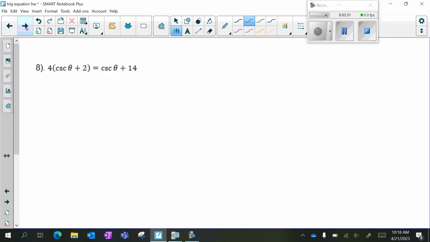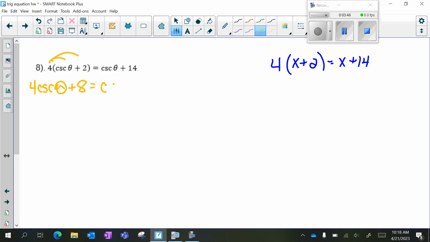This one has cosecant. So remember, if you need to, if this said 4x plus 2 equals x plus 14, you would start by distributing. So I'm going to do the same thing here. I have 4 cosecant theta plus 8 equals cosecant theta plus 14.